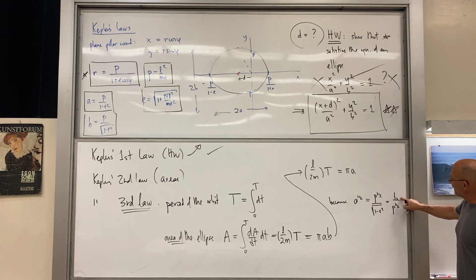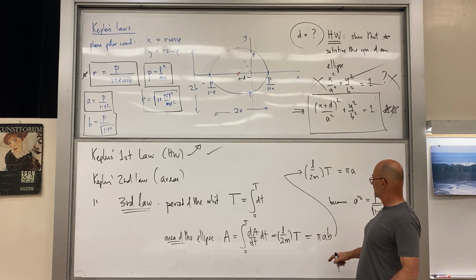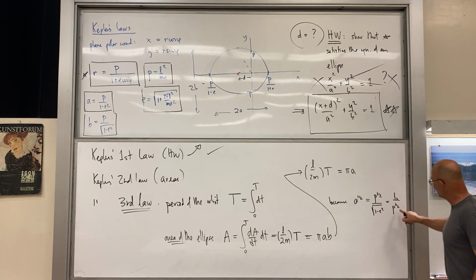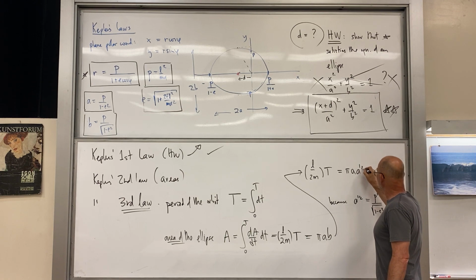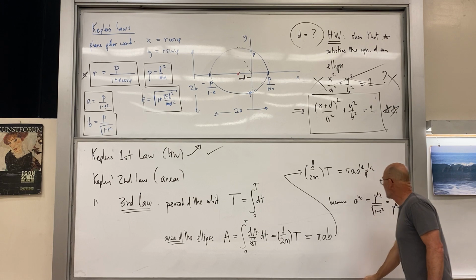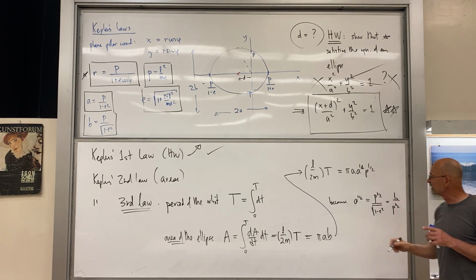So b is equal to p to the 1/2 times a to the 1/2. So a to the 1/2, p to the 1/2. And this already suffices. I'm going to let you guys clean that up.